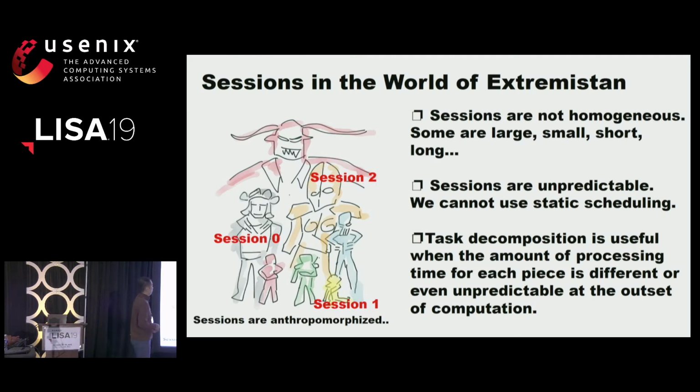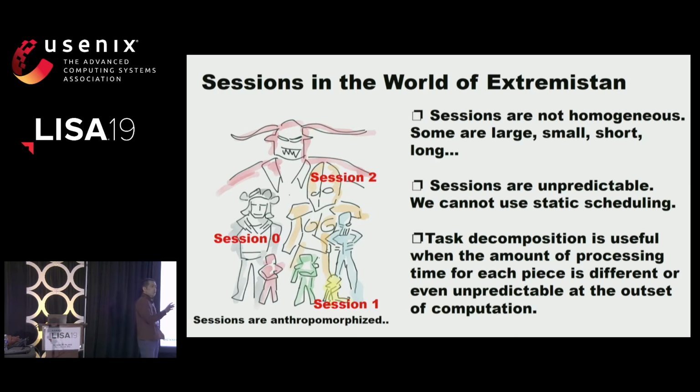Session is in the world of, I cannot pronounce it, extremistan. This is quoted from the book of Nassim Nicholas Taleb. The sessions are not homogeneous. Some are large, small, short, and long. So we cannot use static scheduling as is in scientific computing.